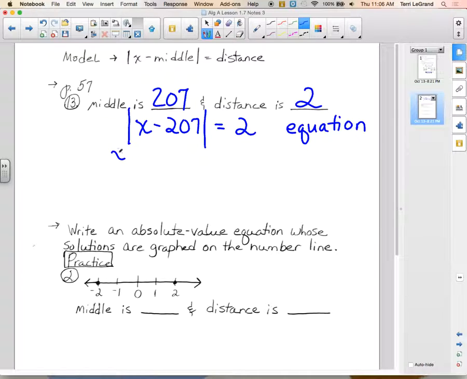So we have x minus 207 set equal to any numbers that have a distance of 2. They are 2 and negative 2. So I have x subtract 207 set equal to both of those numbers. Now I solve both of those equations and see what we get. Go ahead and solve both.